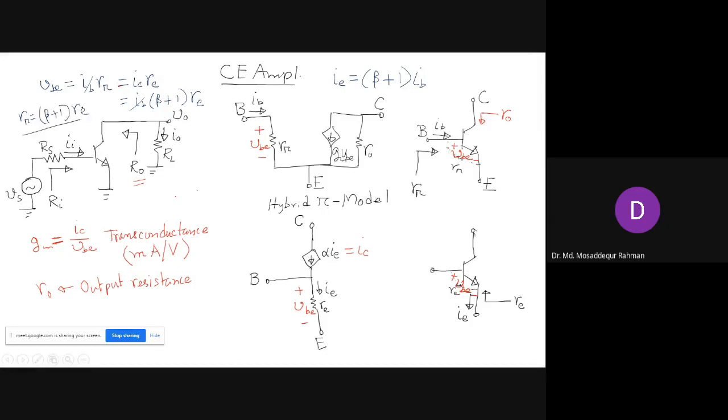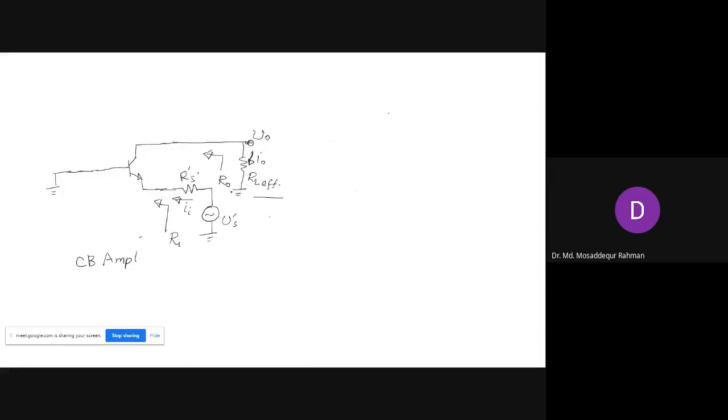There is an important relation, and we'll see in our subsequent lectures how useful it is. So we have got that R pi is beta plus 1 RE, or in terms of R pi, RE is R pi divided by beta plus 1, right?